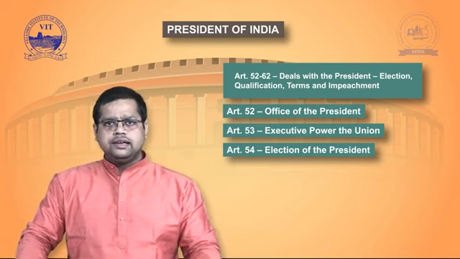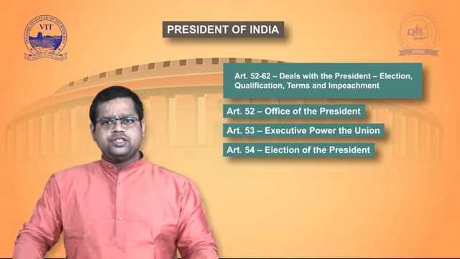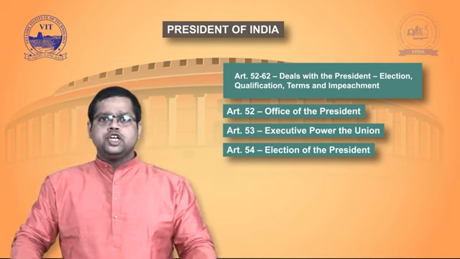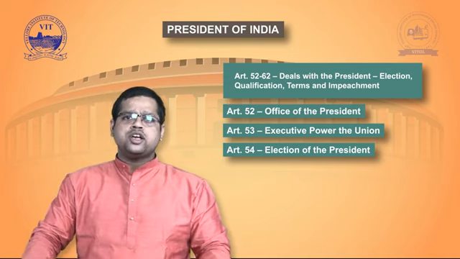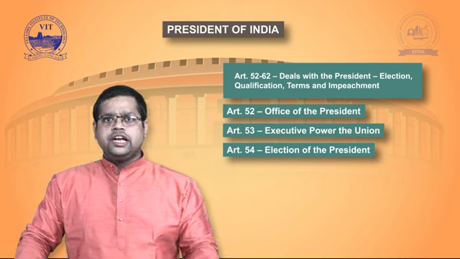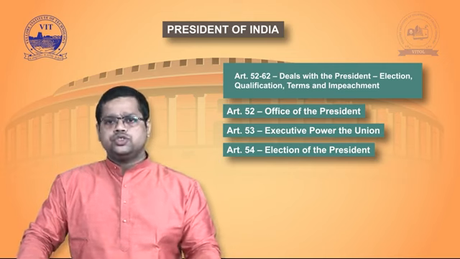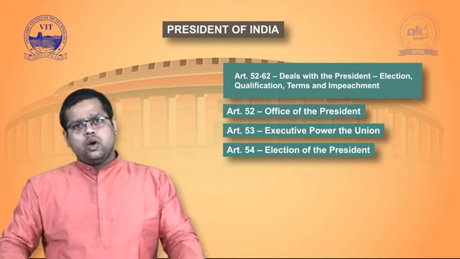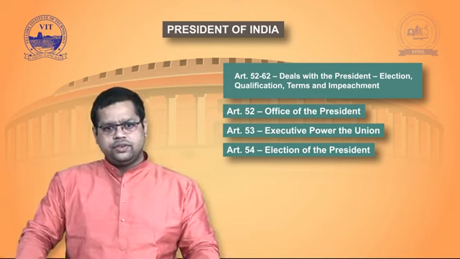It is very clear that the entire executive power of the union is vested in the hands of the president. So the president is the sole repository of executive power in India in relation to the union. So what is the extent of this executive power? We have reference to Article 73.